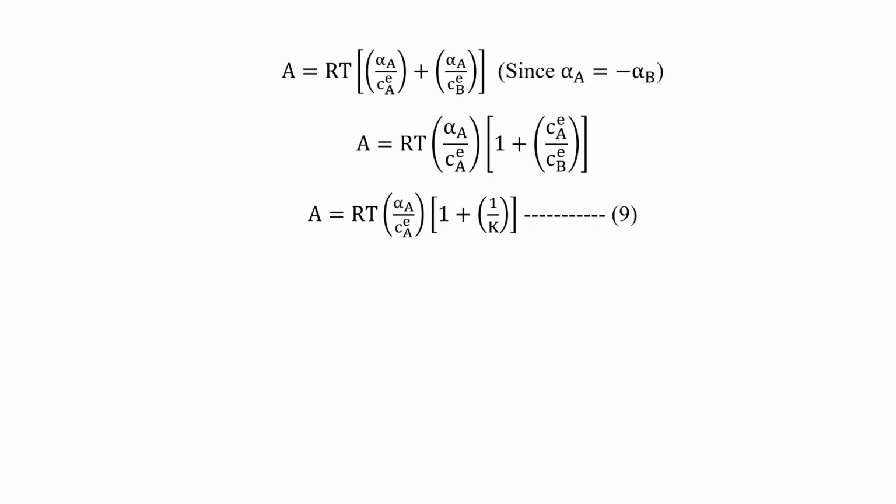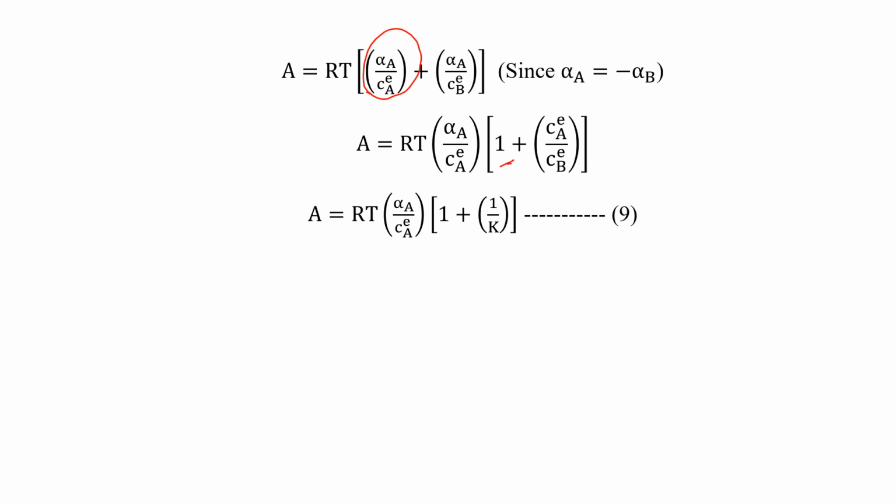Now we already know alpha A is equal to minus alpha B, or alpha B is equal to minus alpha A. So instead of alpha B, we can substitute the value minus alpha A. Already there will be a minus in the previous equation, so minus into minus gives plus. So here we are getting this plus term. So this is A value. Now in this A value, again we are taking alpha A by CAE common. So automatically this value will become 1.